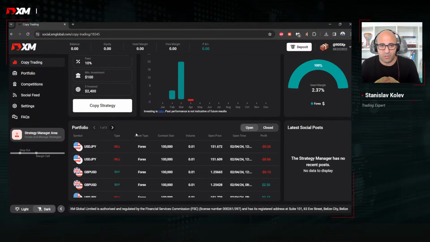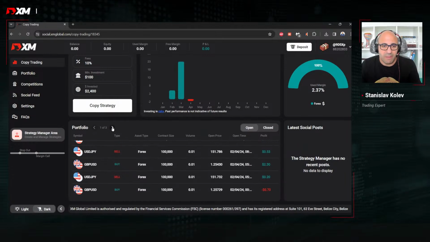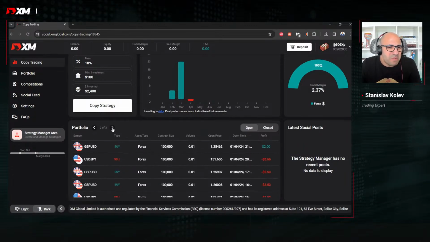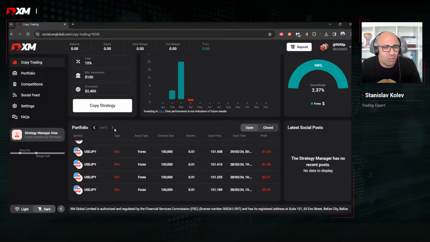As you could see from his portfolio, he's trading majors, which are pretty, I cannot use the word really safe, because of course, obviously there is a risk in all of that.